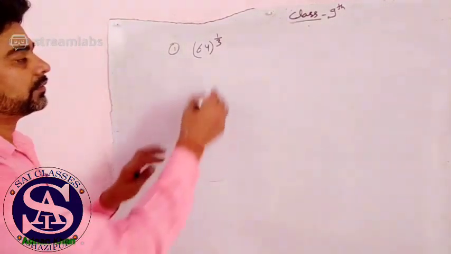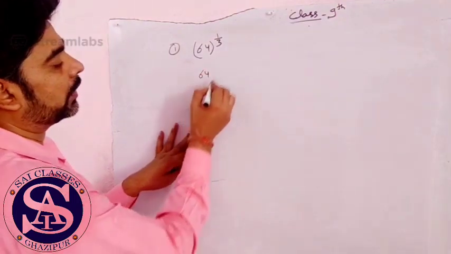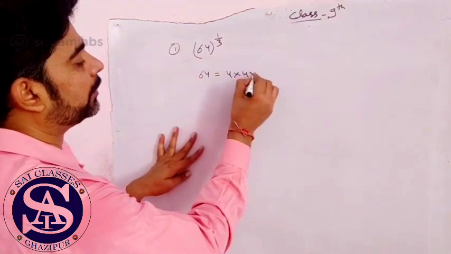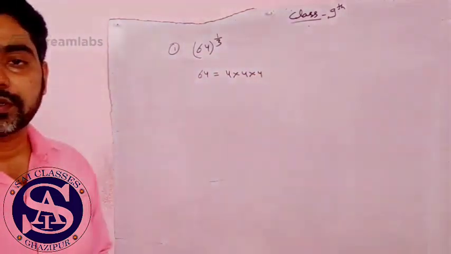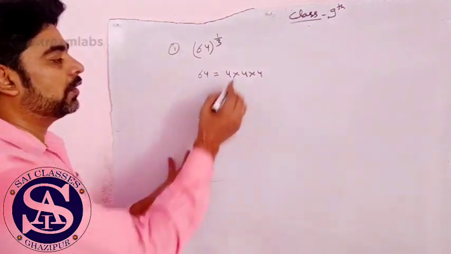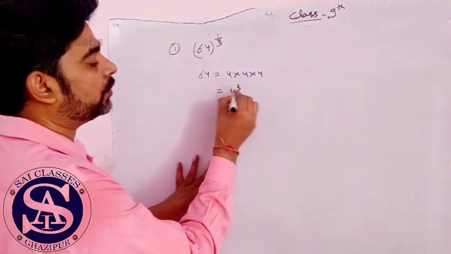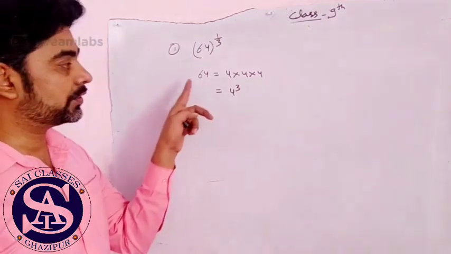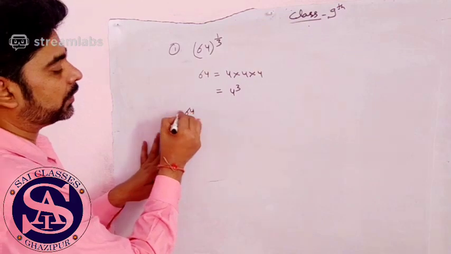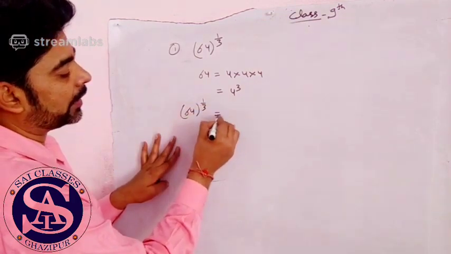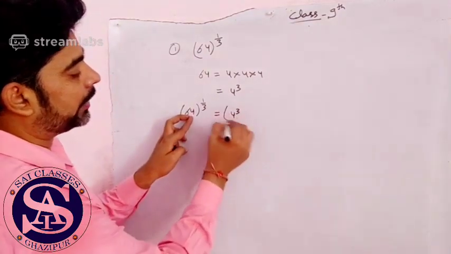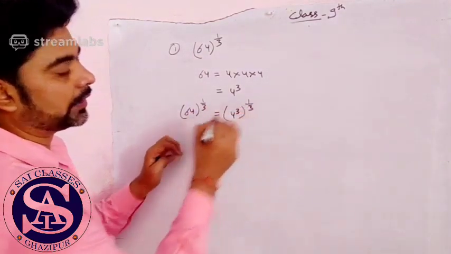As we know, 64 can be written as 4 multiplied by 4 multiplied by 4, or 4 cube. Now, 64 raised to 1 by 3 can be written as 4 cube whole raised to 1 upon 3.